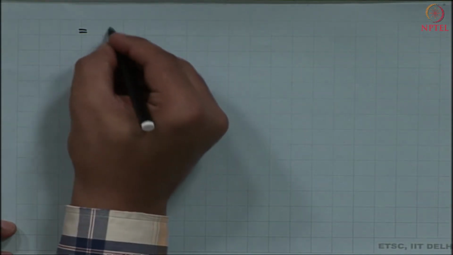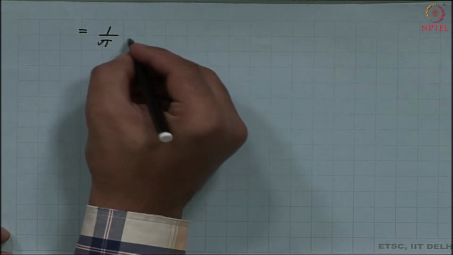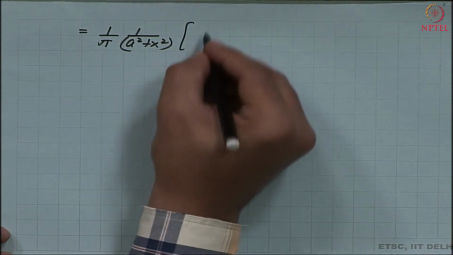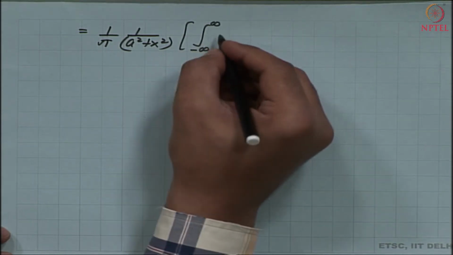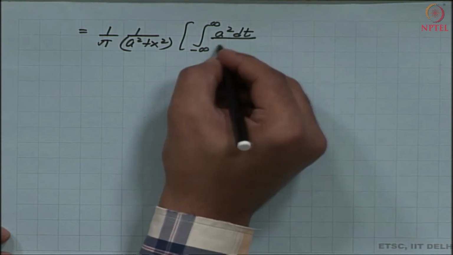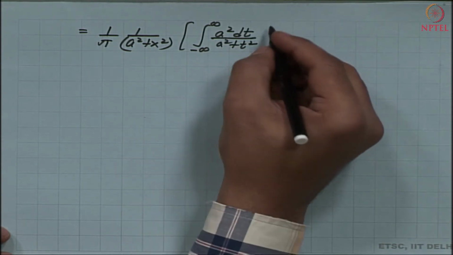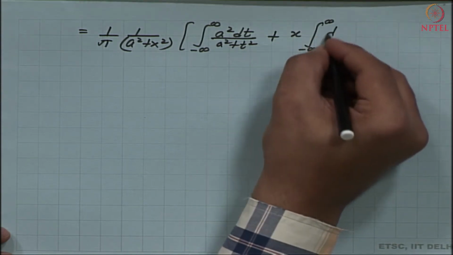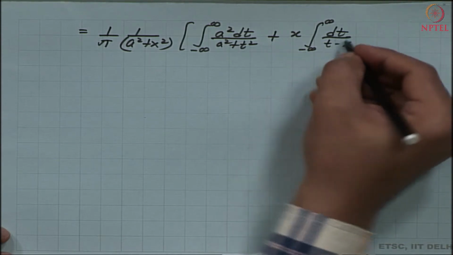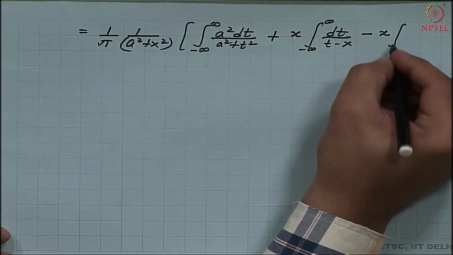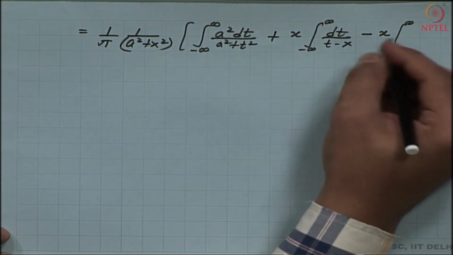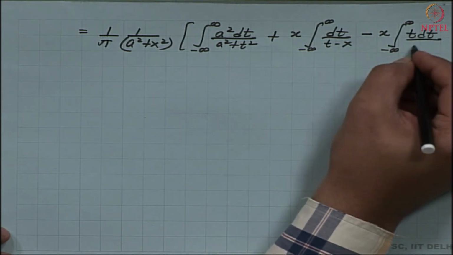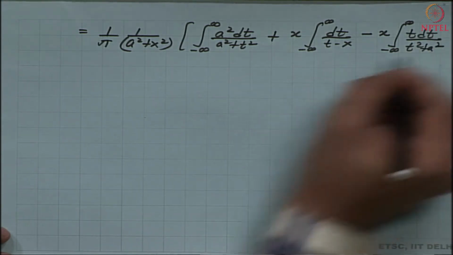So, let us recap what I just said. Let me rewrite this expression. I get my integration as follows. This is integral from negative infinity to infinity a square dt divided by a square plus t square plus x times integral negative infinity to infinity dt divided by t minus x minus integral negative infinity to infinity x times t dt divided by t square plus x square.